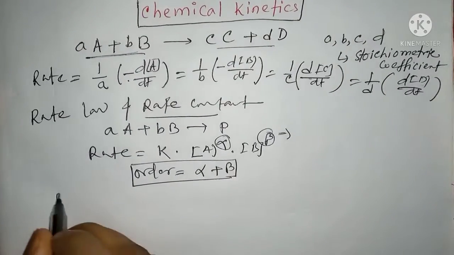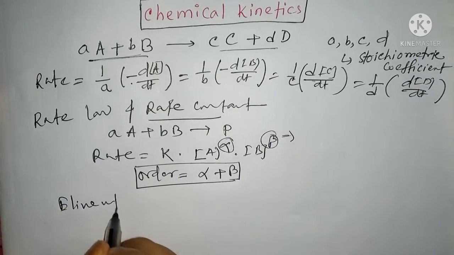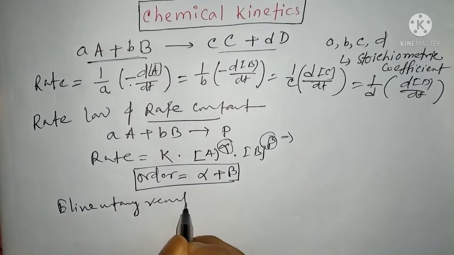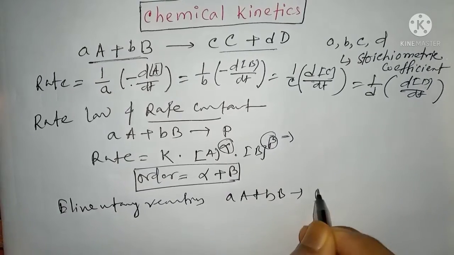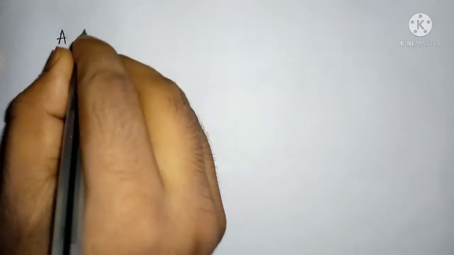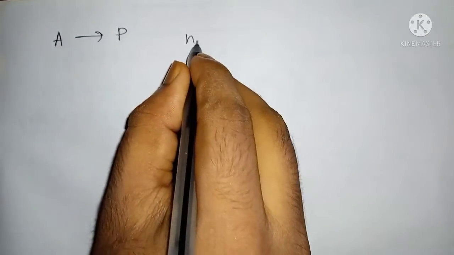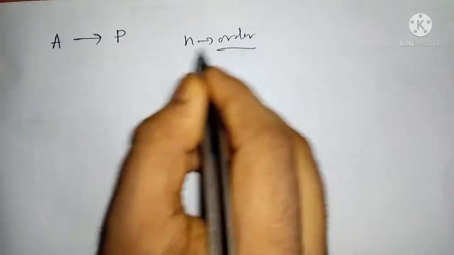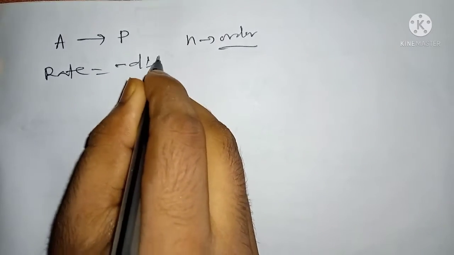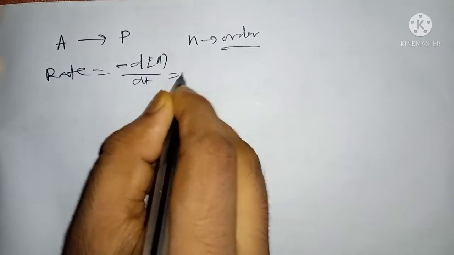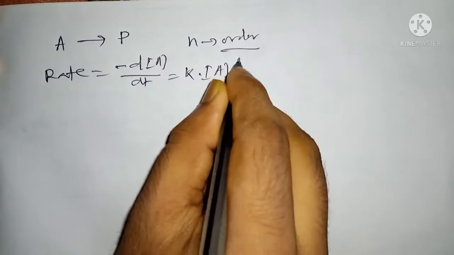Now a reaction, an elementary reaction, suppose A plus B to product. Now a reaction A to product, suppose this is an nth order reaction. Rate equals minus d[A] by dt equals k times [A] to the power n.